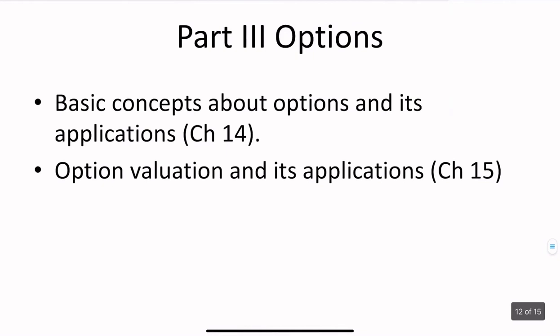Okay, now let's talk about the last part, which is about options. And I can understand you might find this part more difficult compared with previous lectures. Well, I have talked about this in the final exam guide.